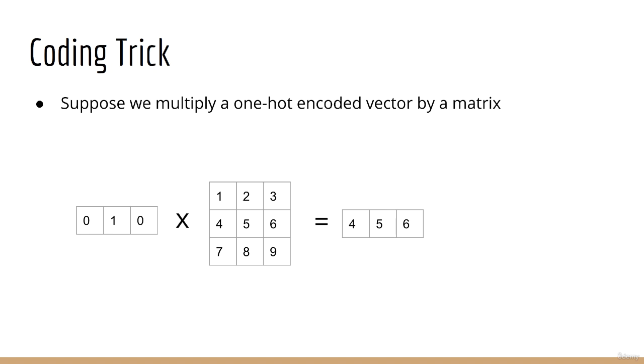Now consider the one-hot encoded vector 0, 1, 0. What happens when you multiply this vector by the same weight matrix? We get the vector 4, 5, 6. Now consider the one-hot encoded vector 0, 0, 1. What happens when we multiply this vector by the same weight matrix? We get the vector 7, 8, 9.